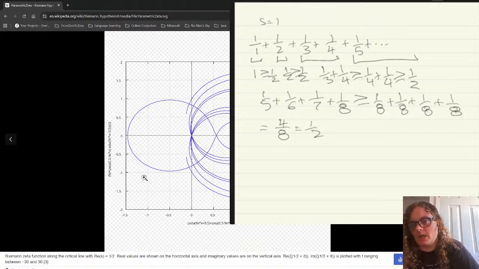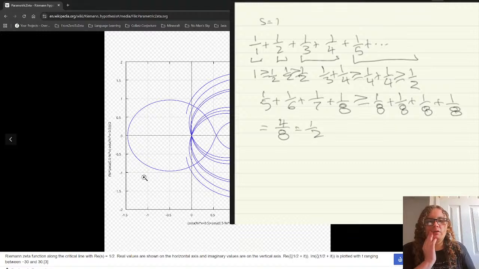But the shape of the graph suggests there is a way to continue it past 1.